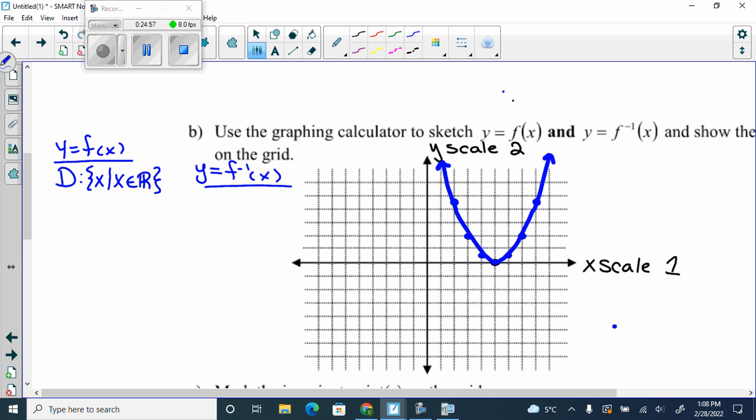So we're going to have like a 2 spot here. What's the range of this graph? y is greater than or equal to 0. We'll do set notation later. What's my x-intercept?